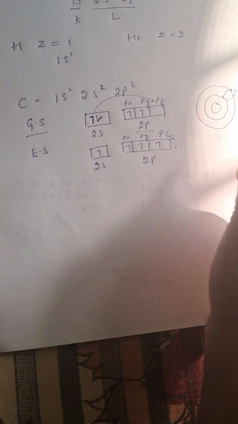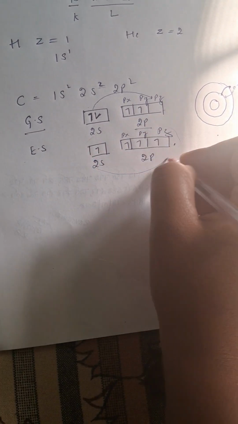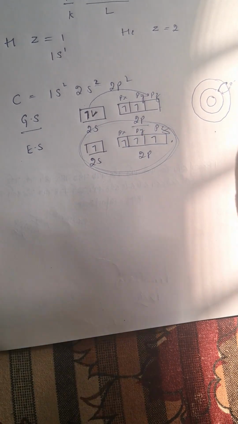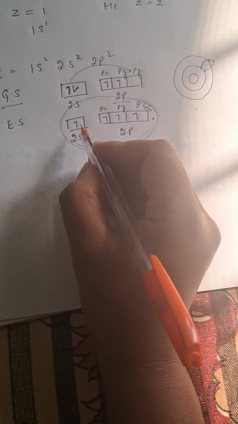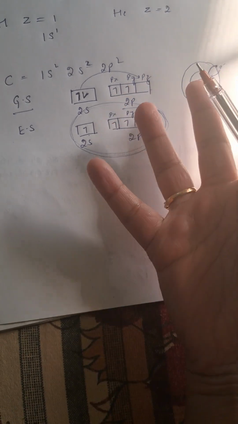Hybridization is basically intermixing of atomic orbitals. They mix with each other, and as many atomic orbitals mix, that many hybrid orbitals are obtained. How many atomic orbitals do I have? 1, 2, 3, 4. So how many hybrid orbitals do I expect?